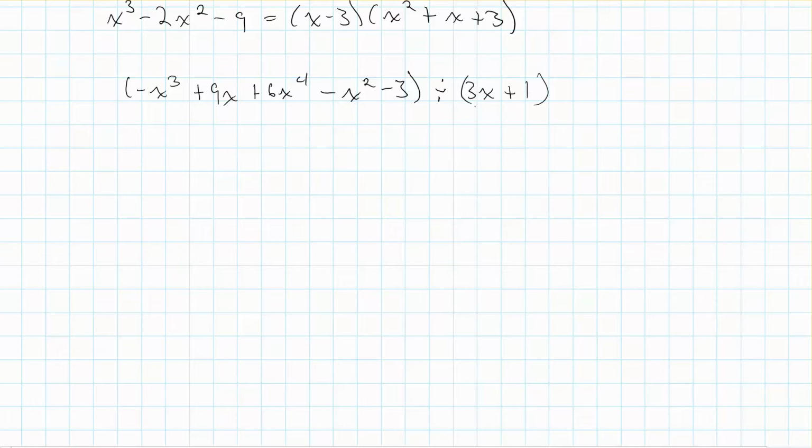Alright, so let's first again write down the term that I'm dividing. Now, this one was purposely written out of order a little bit. You do want to write these in descending order. So the 6x to the 4th, of course, is the biggest one here. So we would have this as 6x to the 4th minus x cubed minus x squared plus 9x minus 3.